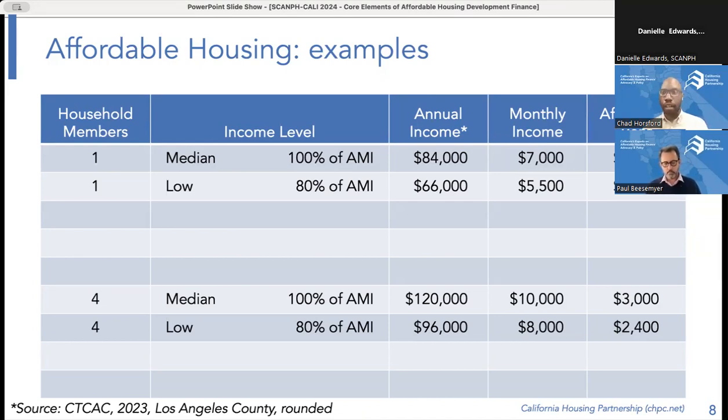So if you're looking for an apartment, and are looking to pay an affordable rent, you have slightly less options. And that stays the same for a four-person household, where rather than paying $3,000 a month in rent and that being affordable, now $2,400 is what would be affordable to you.